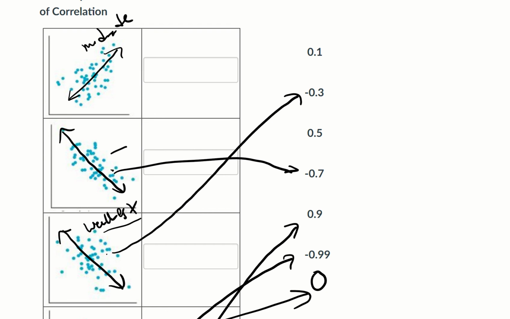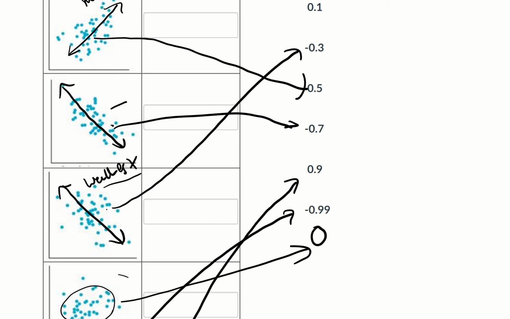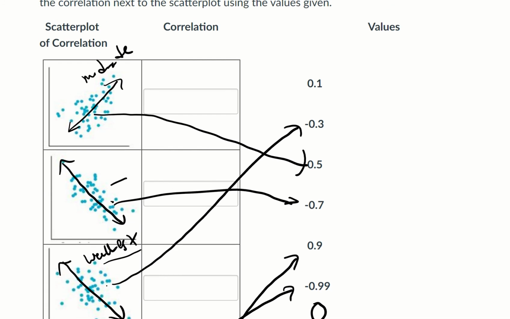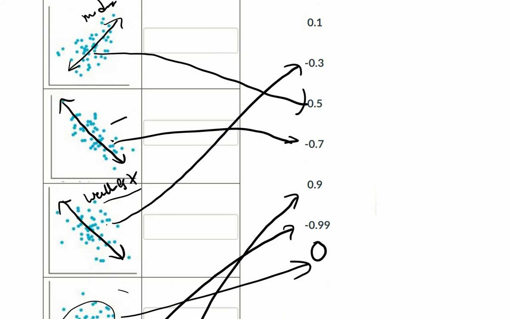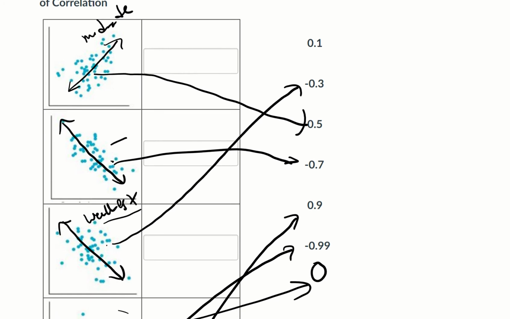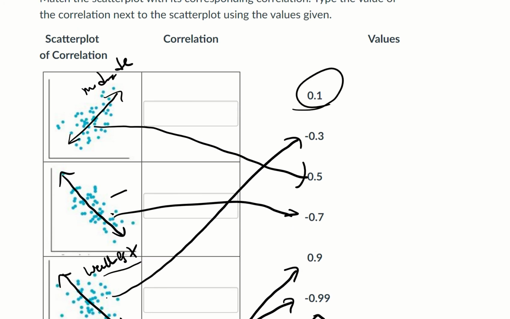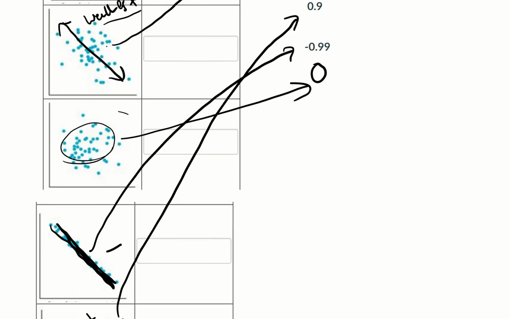So I would say negative 0.7, and then this one, this moderate strength, it's definitely not 0.1. I would say that's 0.5. Okay, so just based off of comparing it to everybody else, these are the results that you should have. Notice that there's an extra value there. It's just a distractor value.